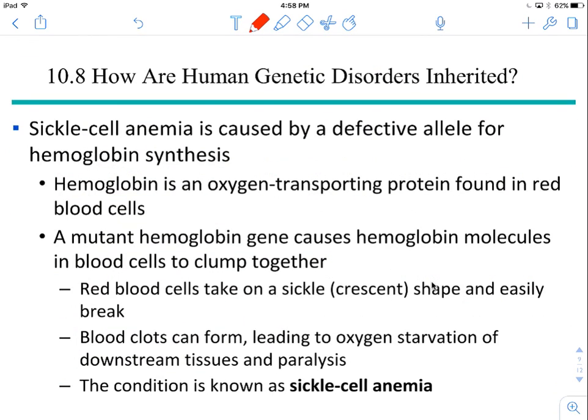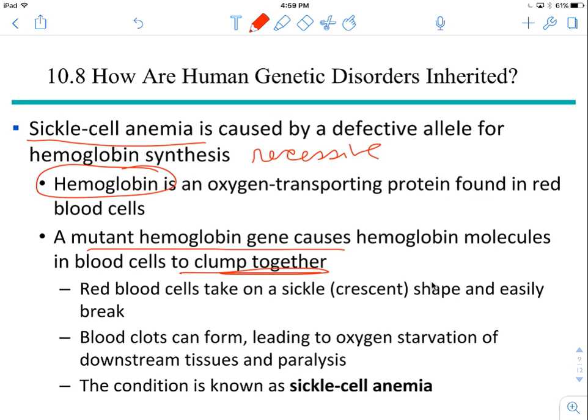Another genetic disorder that is inherited in this manner, as a normal recessive allele, is the gene for sickle cell anemia. This has to do with our hemoglobin. We talked about this when we talked about protein structure and function. A mutant hemoglobin gene causes a subunit of the quaternary structure of the protein to have the wrong shape, so it doesn't function properly in making the tetramer of hemoglobin, and the hemoglobin molecules clump together rather than staying separate.